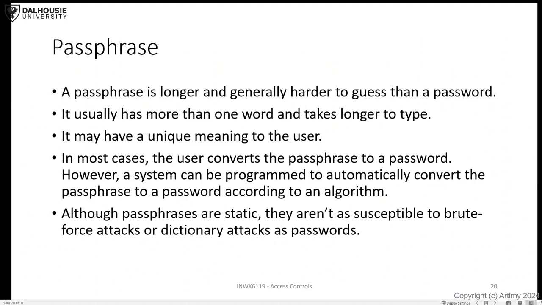Every time you say, okay, the password is I am a Dell student, but then I need to make these changes. They are not as easily susceptible to brute force, even though they are actually words in English. You can remember it, but they're not easy to brute force because they are longer.